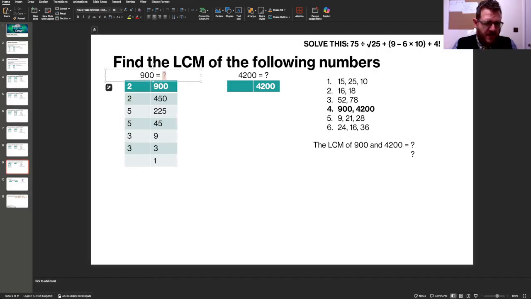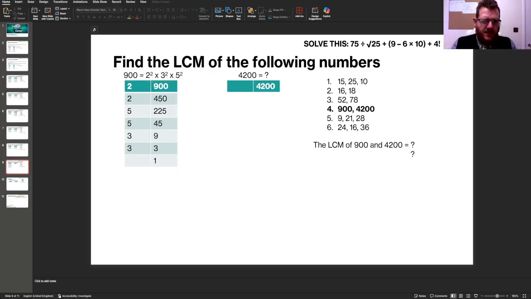So for 900 it then becomes 2 squared times 3 squared times 5 squared. Now, just before I confuse anyone with what I've done there, I'm just going to superscript these numbers just there.